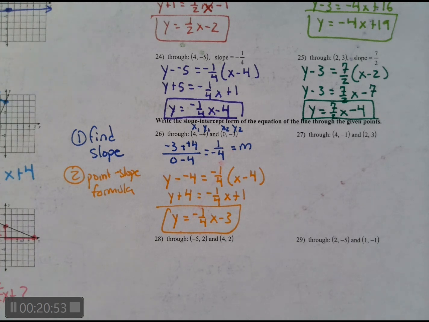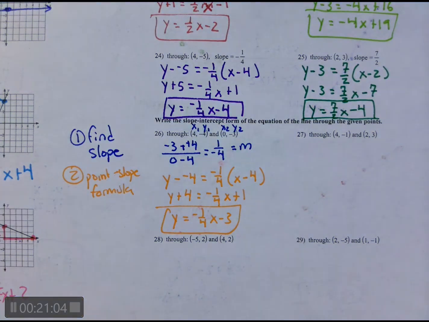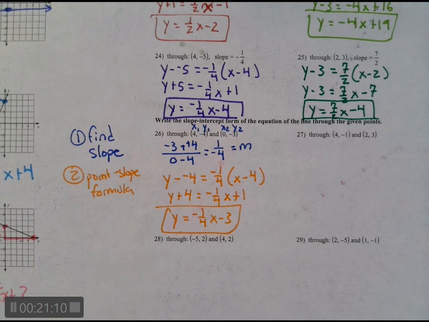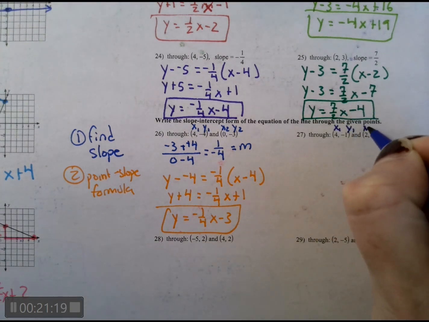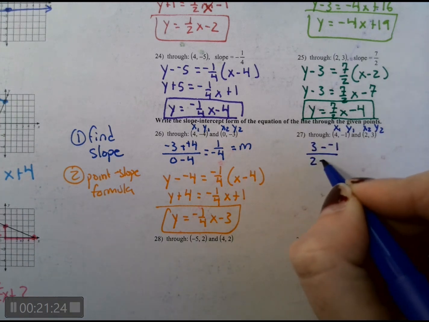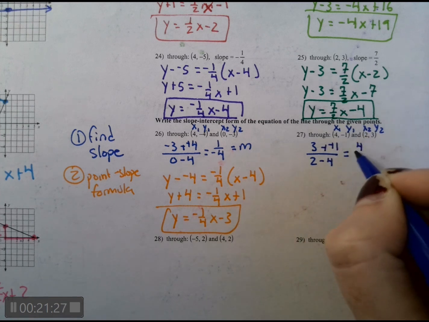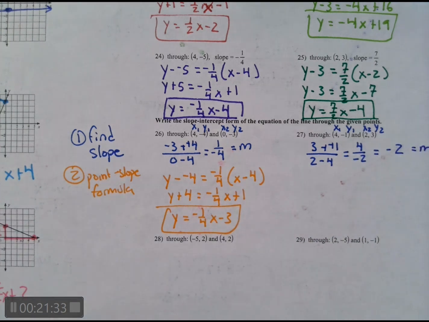Alright. So 26 through 29 are just a combination of the slope ones that you guys did on questions 3 and 4, and a combination of questions 22 through 25. Alrighty, so let's do 27. Oops, sorry guys.